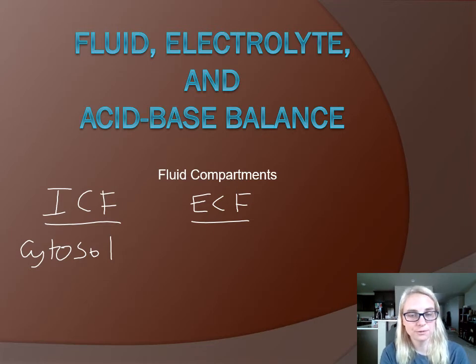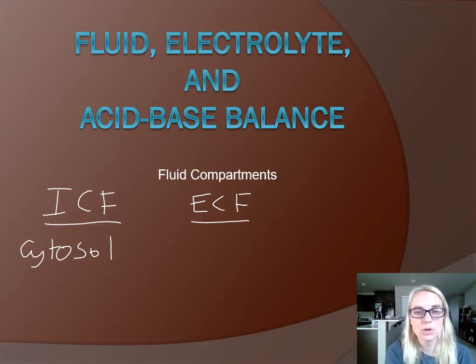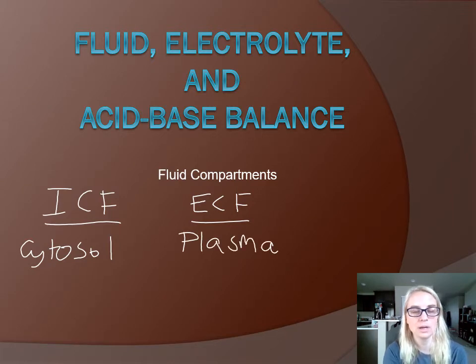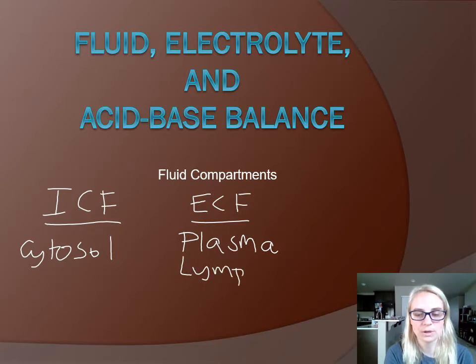And there's lots of different places where ECF can be found. The most common one that people are pretty familiar with is your blood plasma. We saw this back in our cardiovascular system. Blood plasma is 90-something percent water, so most of our fluids are going to be found in the plasma. We also should be familiar with lymph, with our lymphatic system.